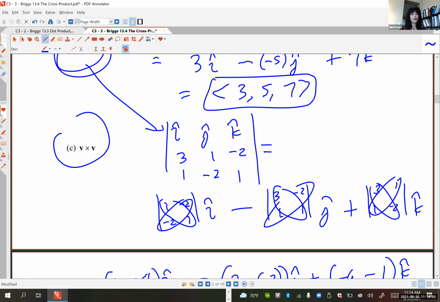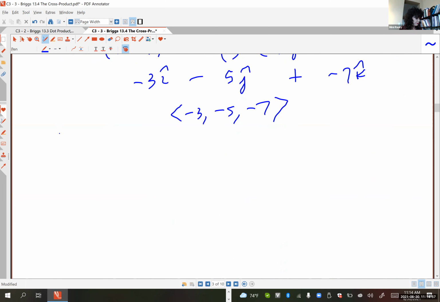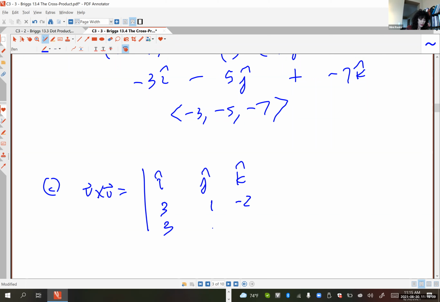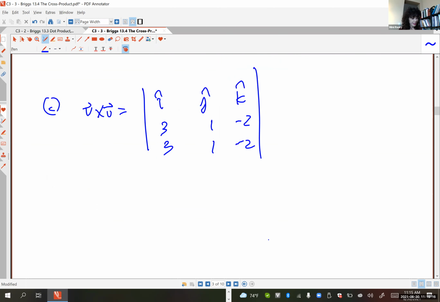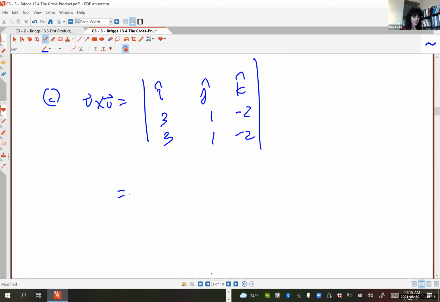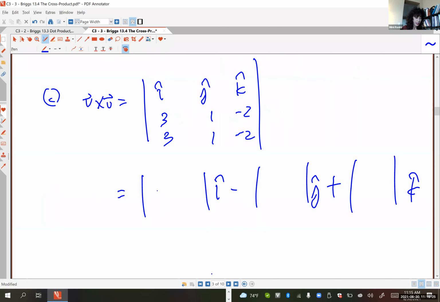Now, what about when you take a cross product of a vector with itself? Well, what happens? If you've taken linear algebra, you probably already have an idea, because you know about taking determinants of matrices where a row is either equivalent to another row or a multiple of another row. So if you did this the 2 by 2 way, the 3 by 3, sorry, you had to find a lot of 2 by 2 determinants here.